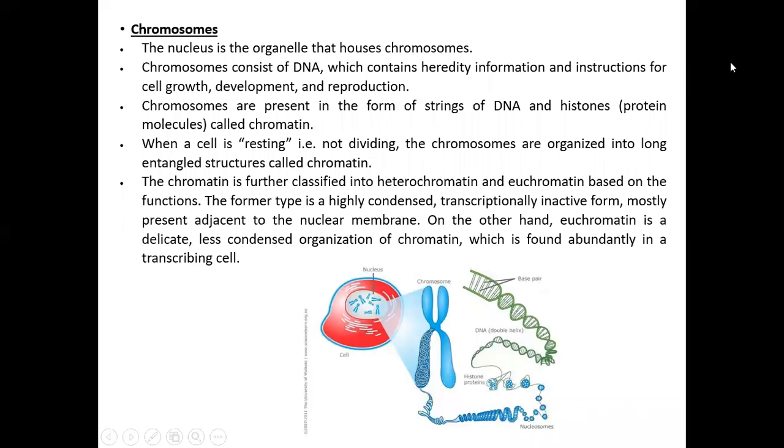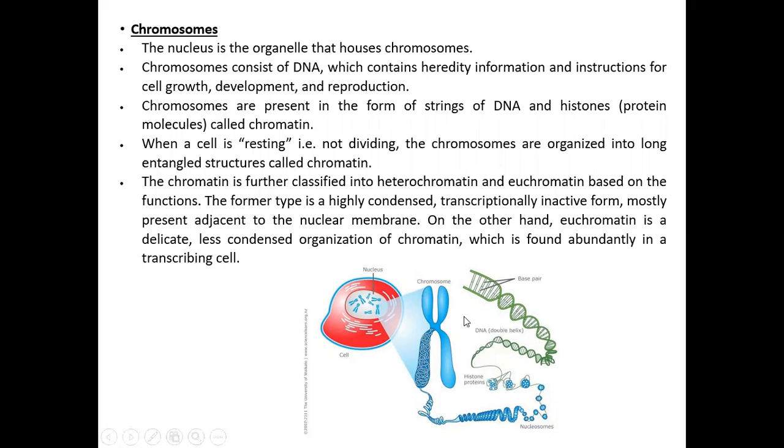And then chromosomes. As you all know, the nucleus is said to be the house of chromosomes. Chromosomes consist mainly of DNA, which contains hereditary information and instructions for cell growth, development, and reproduction.